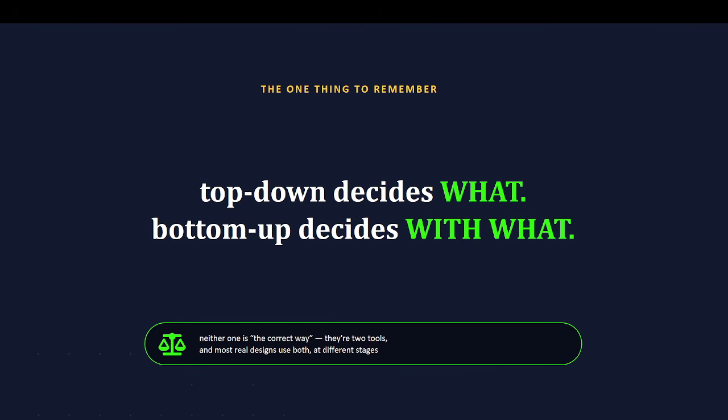Neither one is the correct way to design hardware. They are not competitors, they are two different tools in the same toolbox, and pretty much every real design you will ever touch uses both at different stages for different reasons.